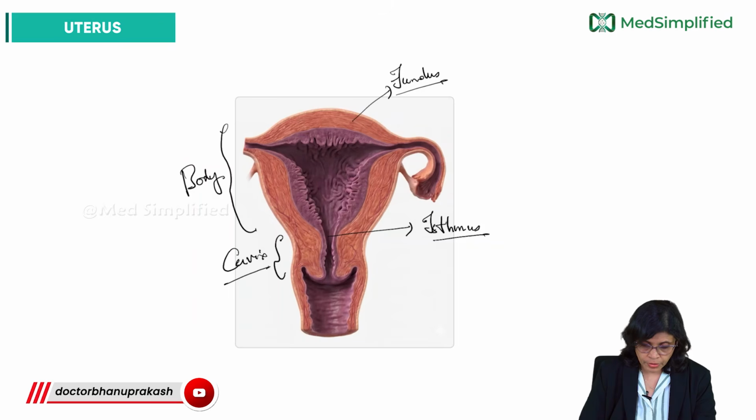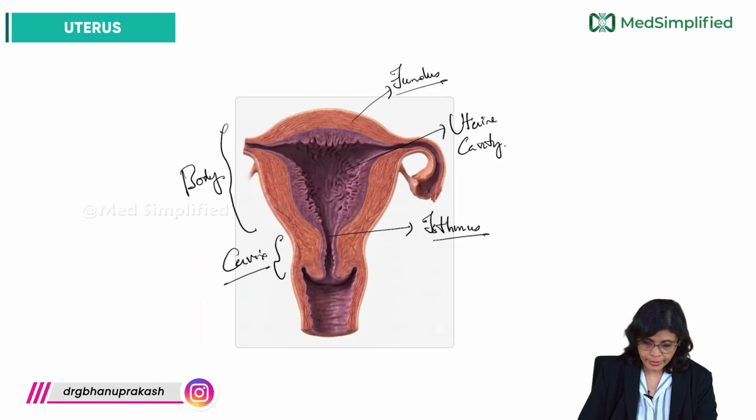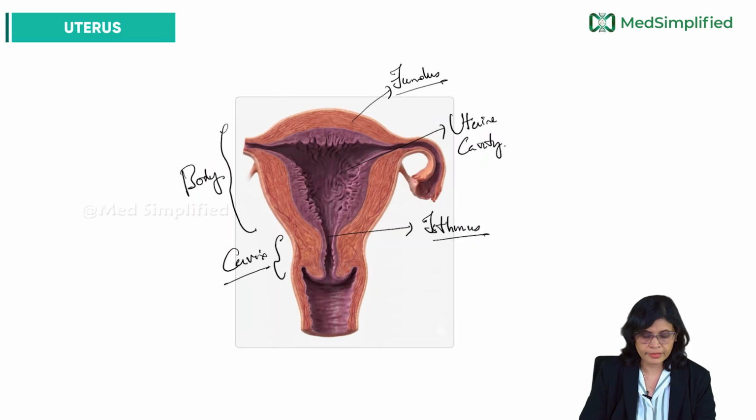The body extends from the fundus to the isthmus, and it has a cavity which we call the uterine cavity. The uterine cavity is flattened antero-posteriorly, and the uterus has an anterior surface and a posterior surface.